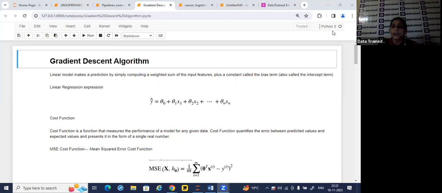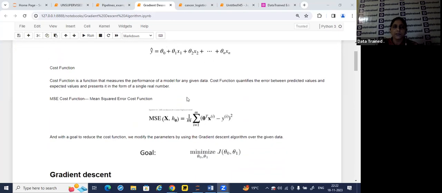How does gradient descent work? This one is a normal equation which we have. This one is a cost function. Cost function here means mean squared error.